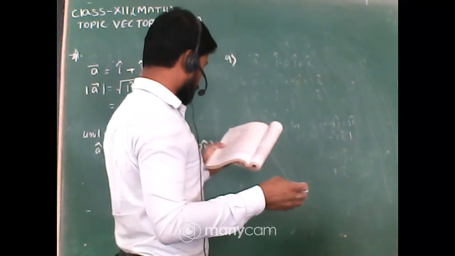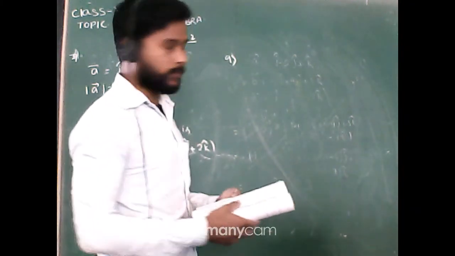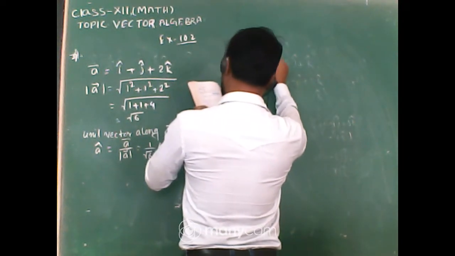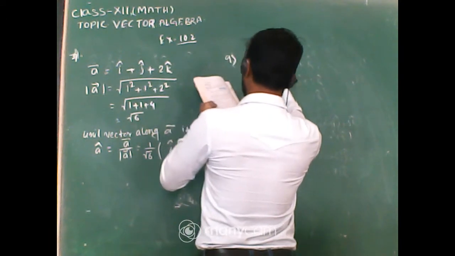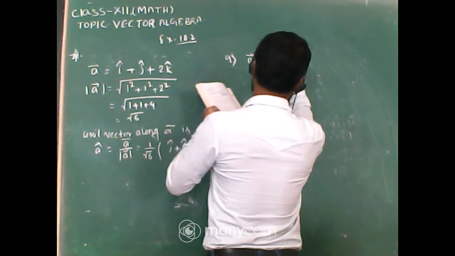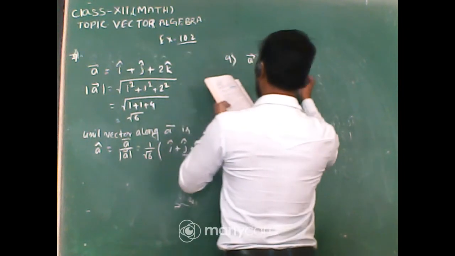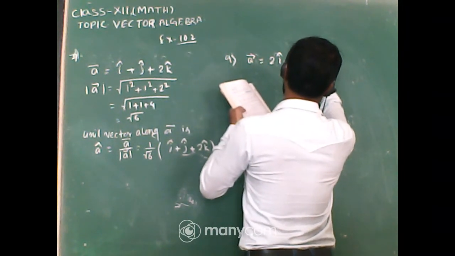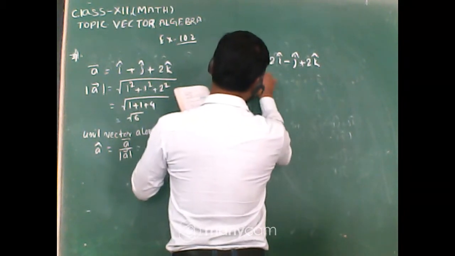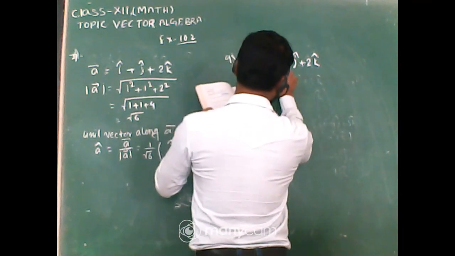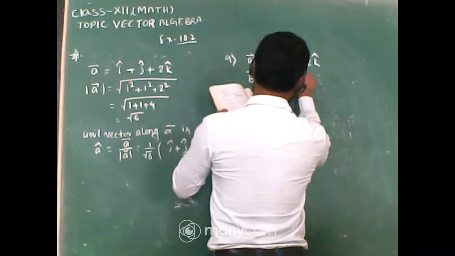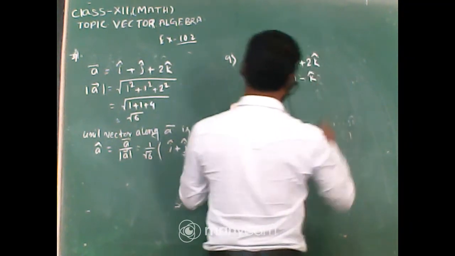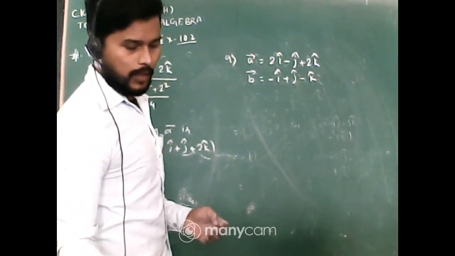We have to find the unit vector in the direction of A plus B. A vector is given as 2i minus j plus 2k. B vector is given as minus i plus j minus k. So we have to find the unit vector along A plus B.